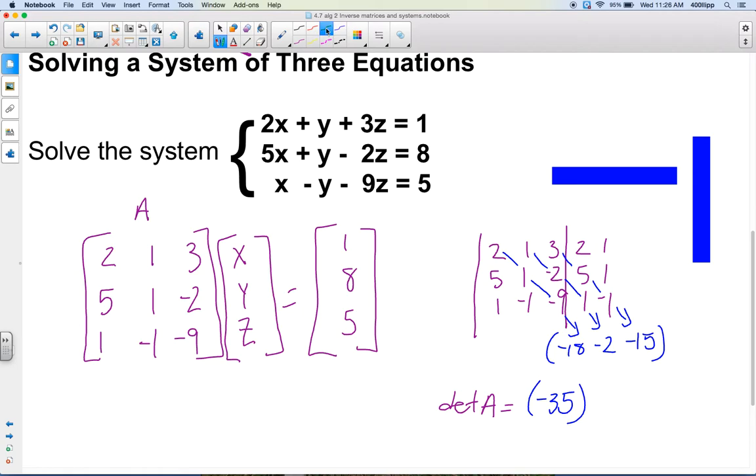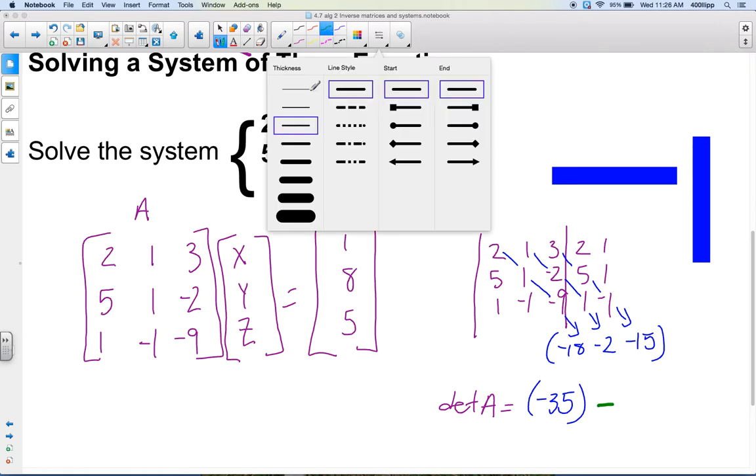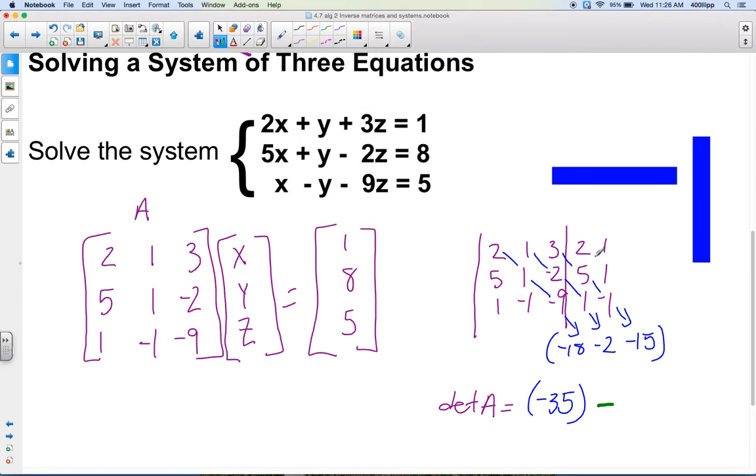And now I'm going to go the other way. So I'm going to subtract off what I get the other way. Okay, so starting here, I go 1 times 5 times negative 9 is negative 45. 2 times negative 2 times negative 1, that's going to be a 4. And 3 times 1 times 1, that's going to be a 3.